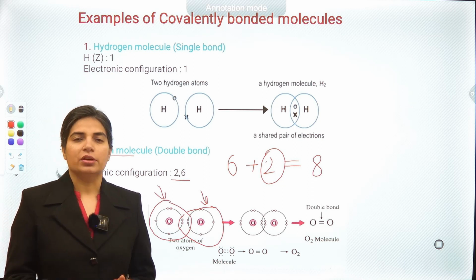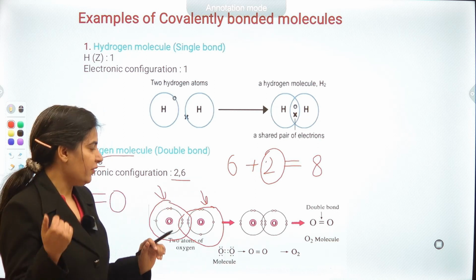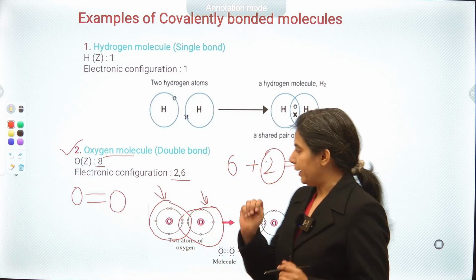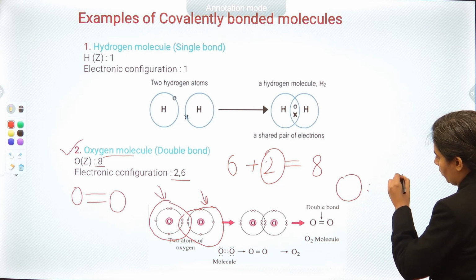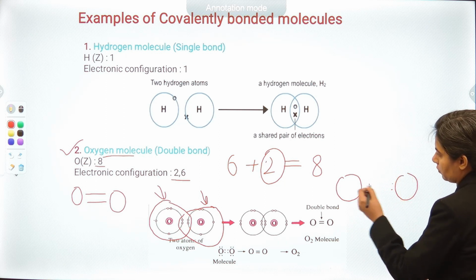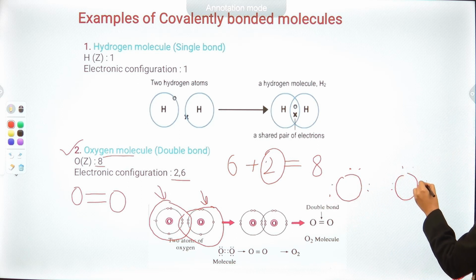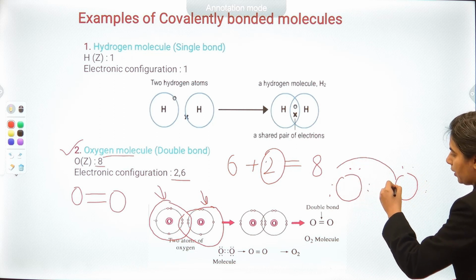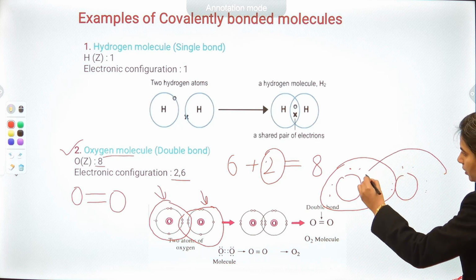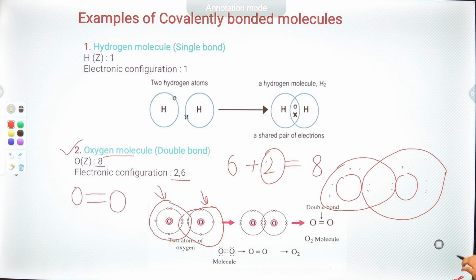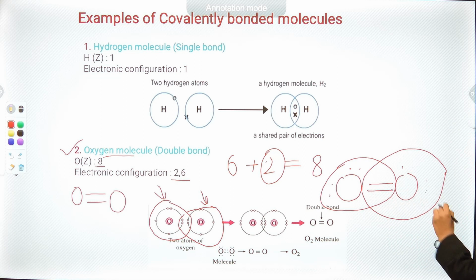Now the oxygen is sharing 2 electrons from the other atom. In that way, this is shared by one oxygen atom and this is shared by the other oxygen atom, and here the bond will be a double bond.